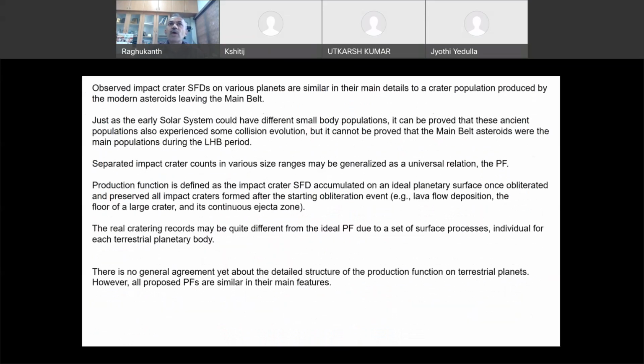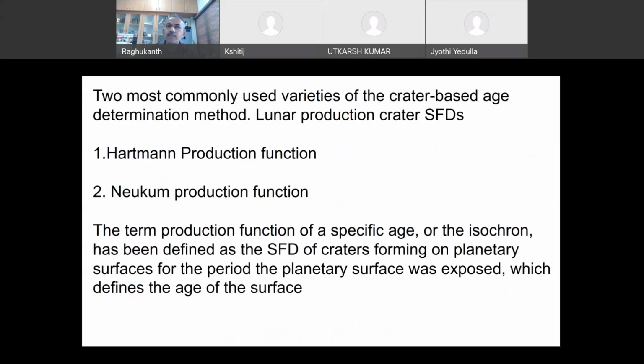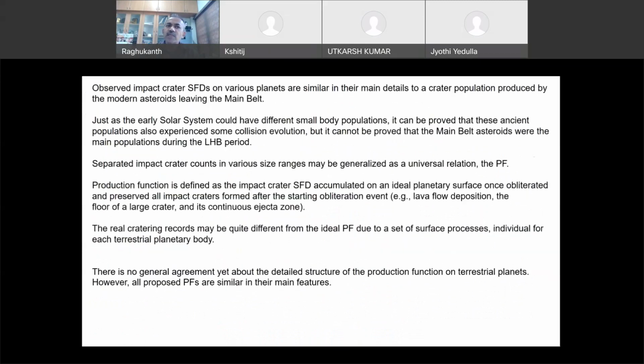Not only here, people made observations on other planets also, asteroids, so many things. So these are production functions. On a variety of terrestrial planets, for Moon, for Mars, they came up.